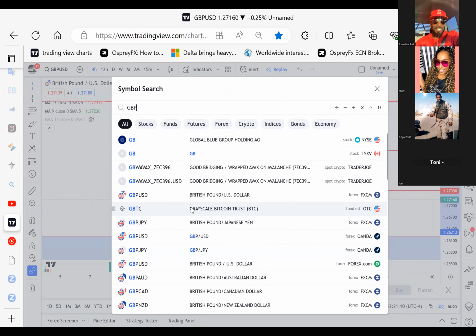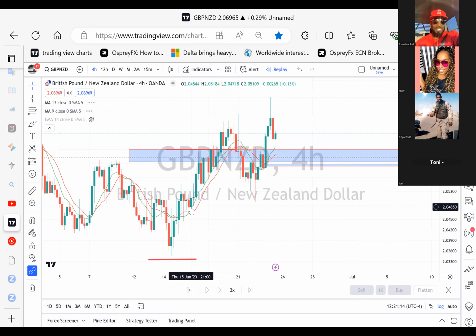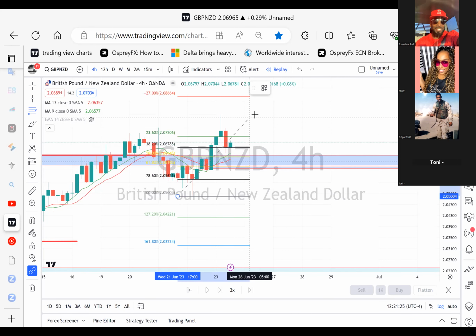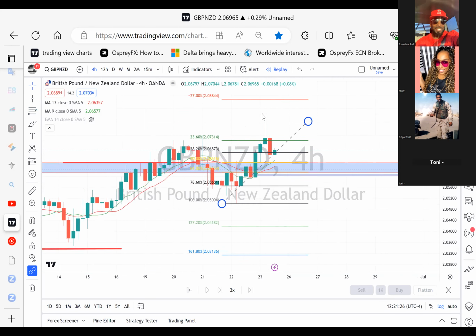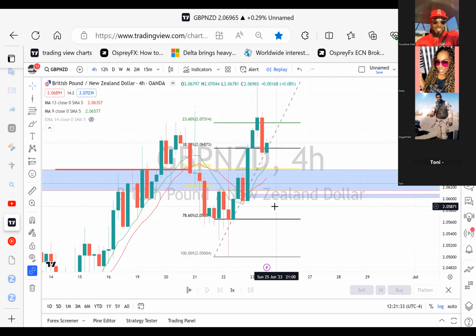Let's look at GBP NZD. Okay, we see how price has broken this high, right? If I take this impulse move from this wick to this wick, and I want to target the 78, right? This is the 78.